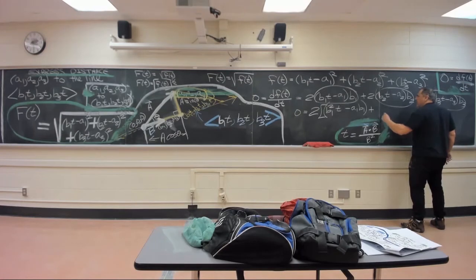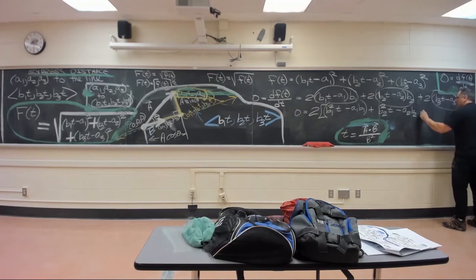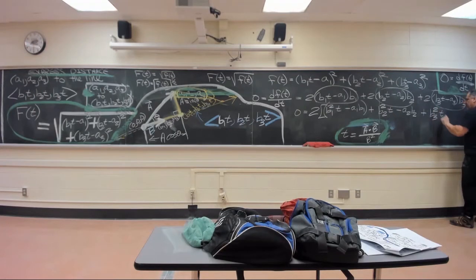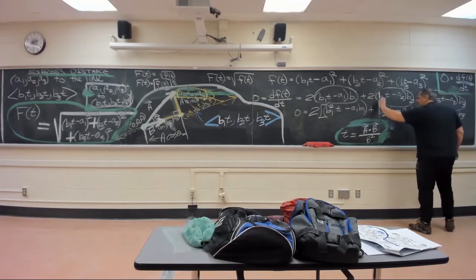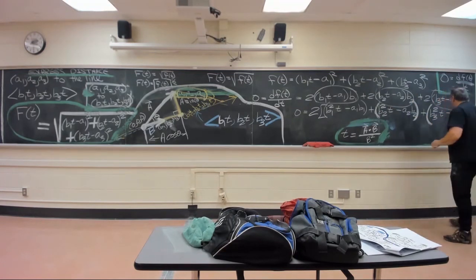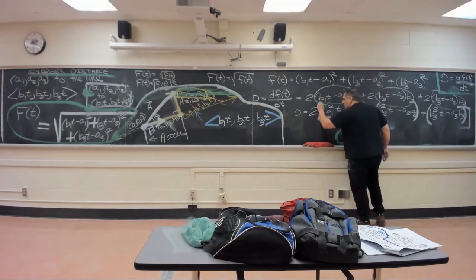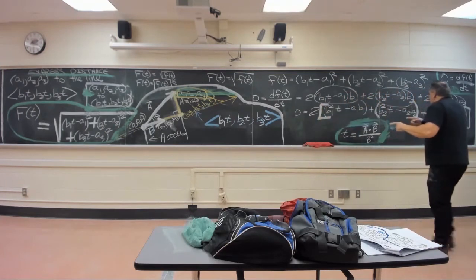And what we get is B2 squared t minus A2 B2, B3 squared t minus A3 B3. It looks a little more messy than it actually is. It comes out of here pretty good. Now what you're going to do is divide by 2 on each side.